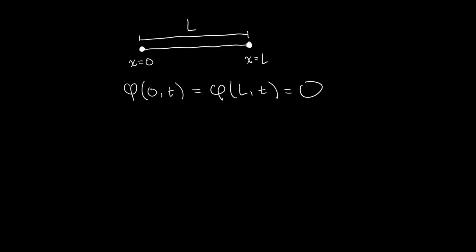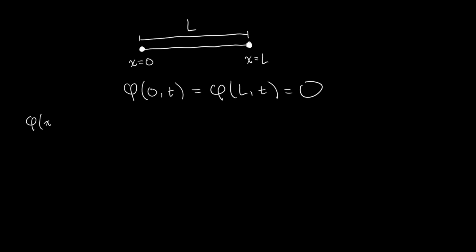Now we could do this with our left moving and right moving pieces. We could even use a similar idea of method of images, but a lot of times it's a lot more convenient to use our separation of variables solution.